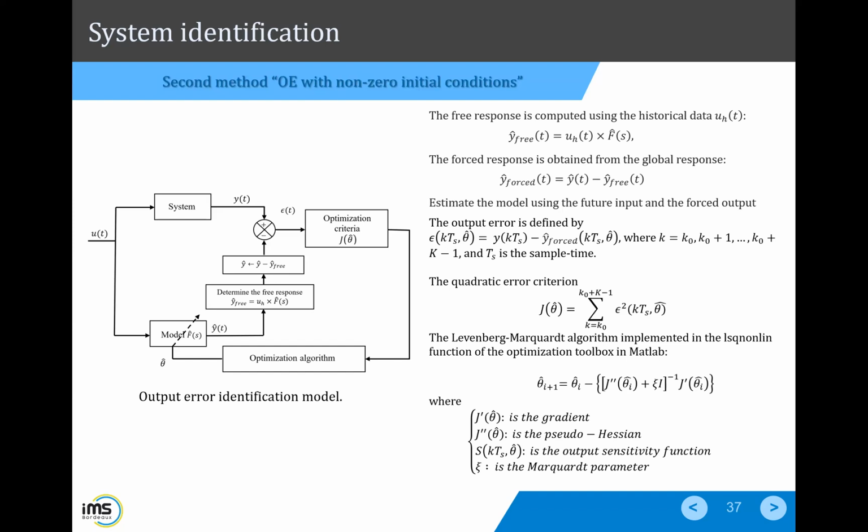And in here, you just assume that your free response is a convolution product between your model and the past output. The forced response is the convolution of your model with the new input signal, and at the same time you are computing parameters of the same model, which appears in two places.